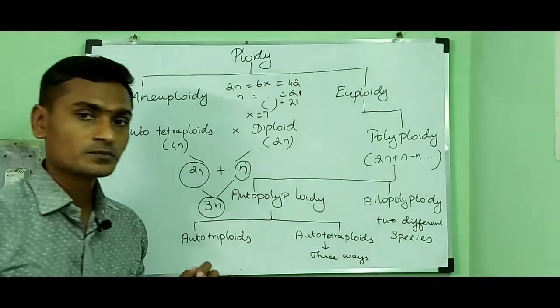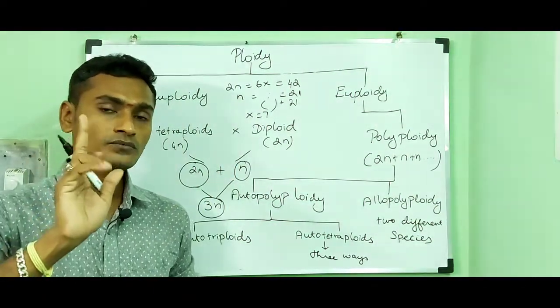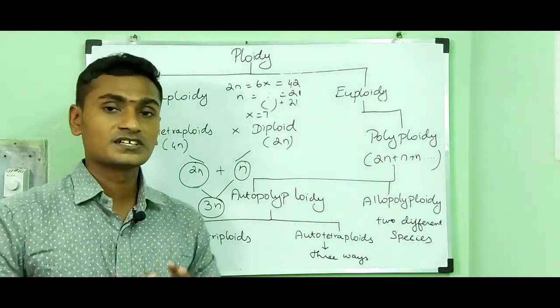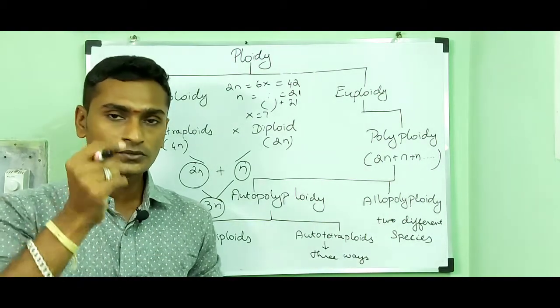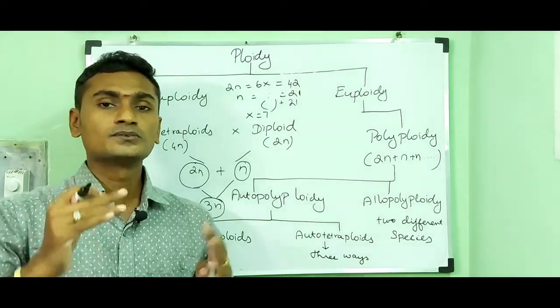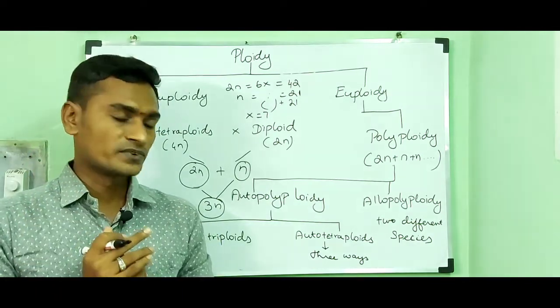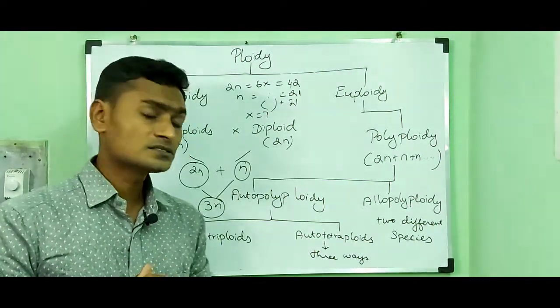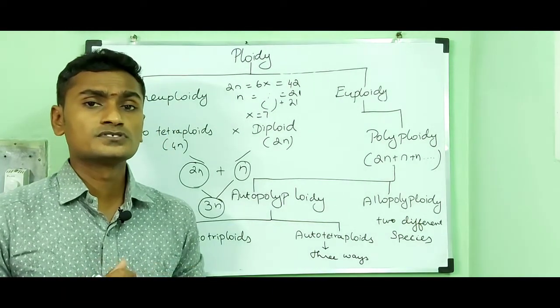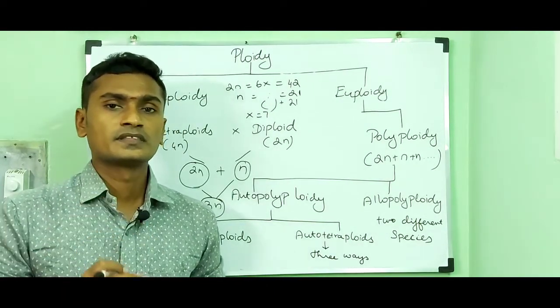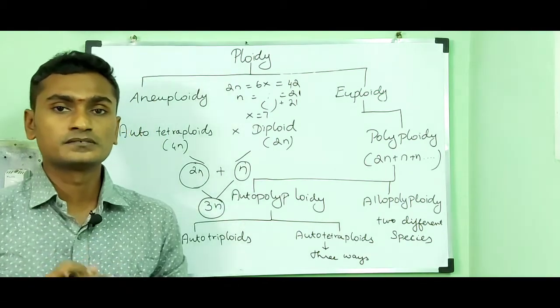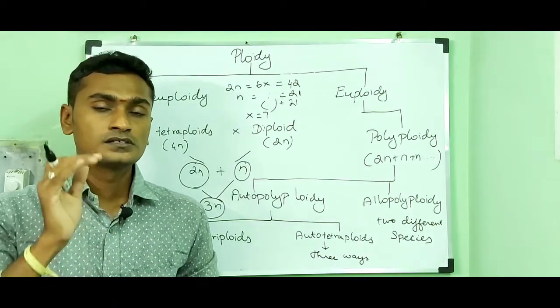In this video I am going to tell about only one way. You have to find out the remaining two procedures and tell me what the two remaining ways are. Autotetraploids are produced by treating diploid species with a chemical called colchicine.